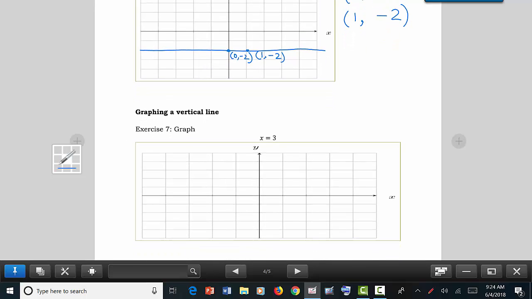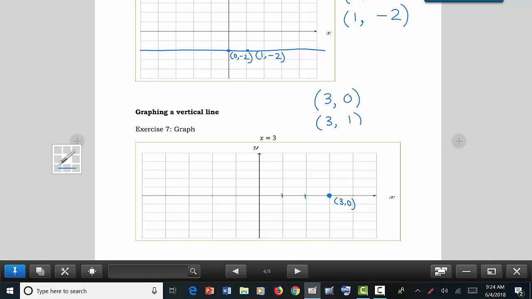Here, we will follow the same idea. We don't have any information for the y, but x is always 3. So one point is x 3, y I can choose any value. 3, 0. 1, 2, 3. No height, so that means that is the point 3, 0. Let's choose x is always 3.